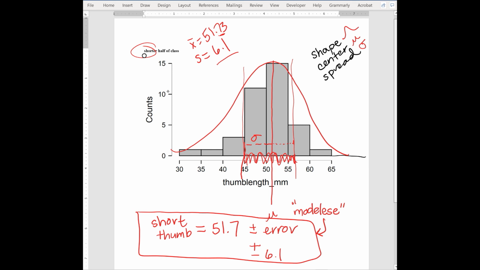So I'm going to put the histogram for the taller half of the class down below in this problem. I want you to think about it and maybe sketch out some things on paper, and come up with the Modelese for the taller half of the class based on what I just talked through.